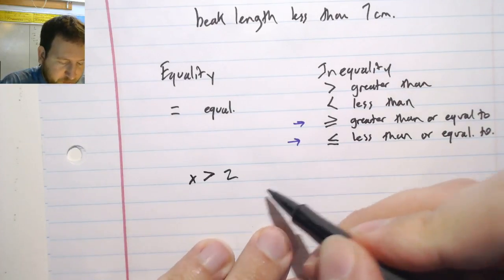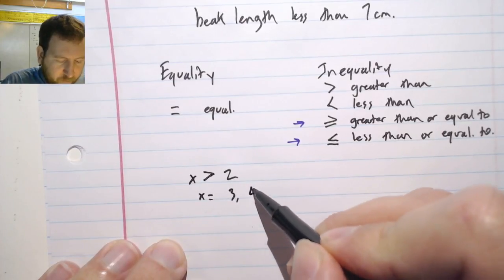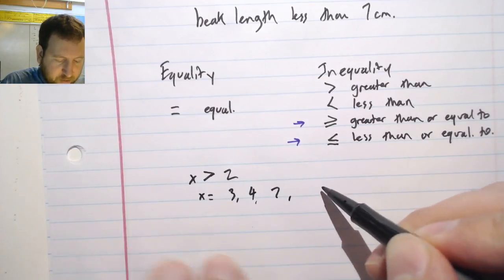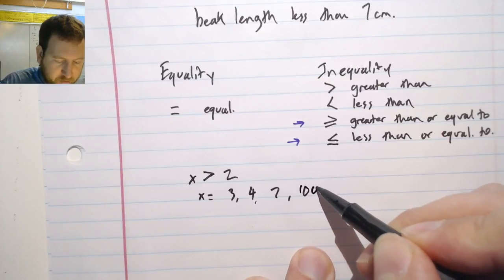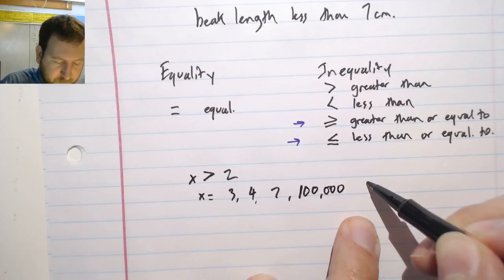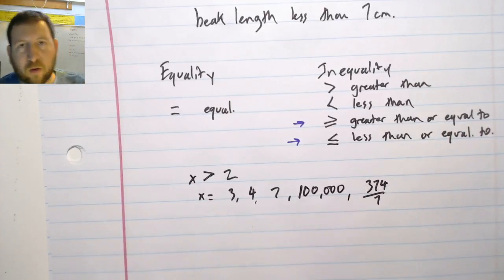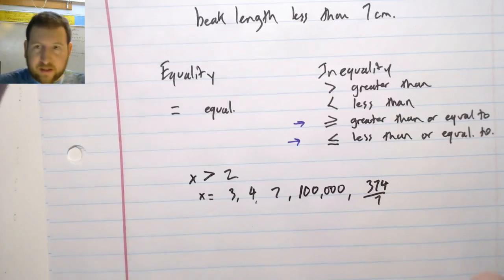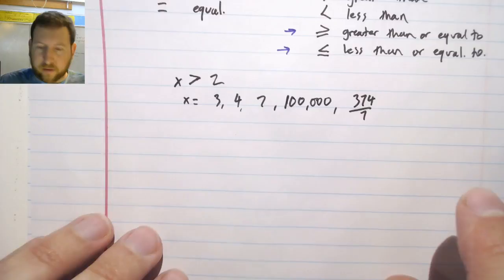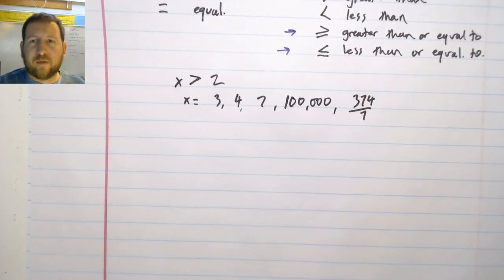Because I could write, well, it could be 3, 4, could be 7, could be 100,000. And it could be 374 sevenths. Could be a whole bunch of things, right? And I can't sit here writing them all out because it would literally take me forever because there's an infinite number of numbers, right? So how do we graph this and how do we do this?